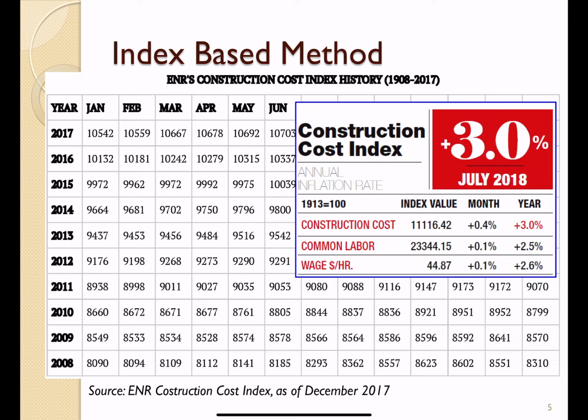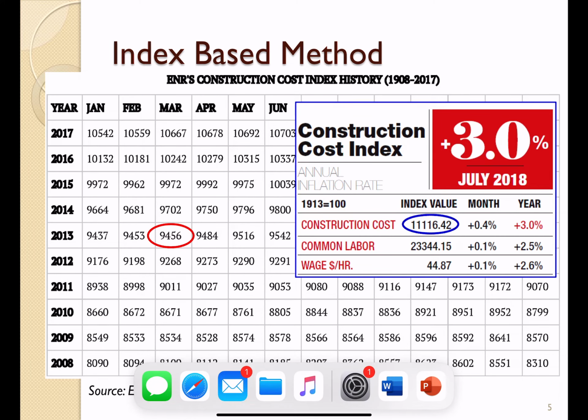as you can see, and then we have the one for the reference facility. That is the index for that facility, so that we can apply it for this too. For July 2018, it is 11,116 for the construction index, and for March 13 it's 9,456. So from that we can put the numbers in to determine the cost of this project.